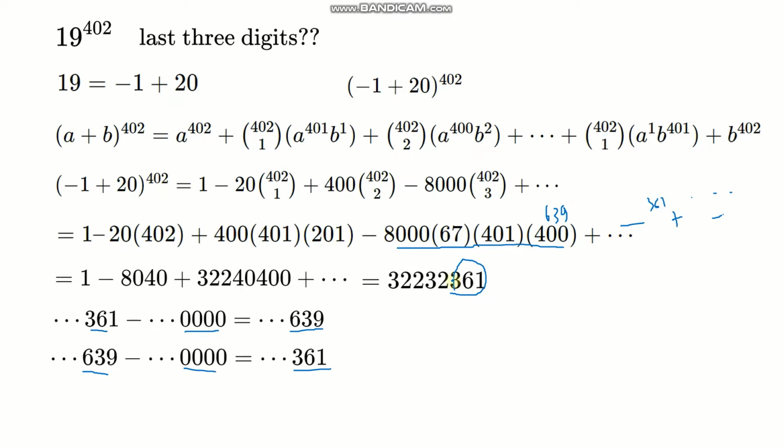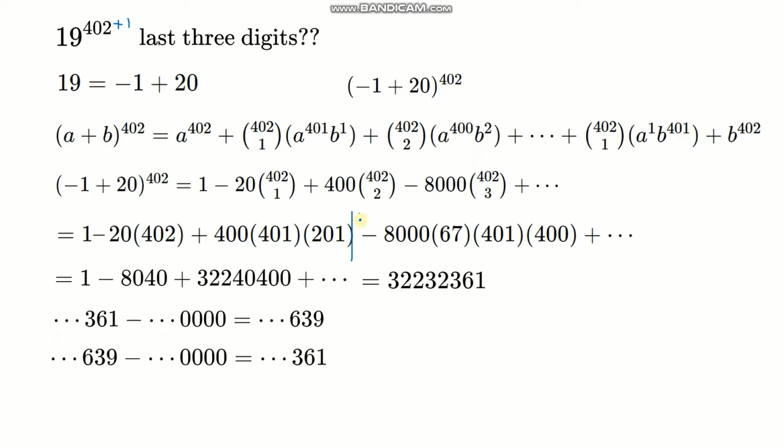We notice that every 4 terms we return to 361 ending digits. Now all we need to know is how many terms come after the third term. In binomial expansion, we always add 1 to the exponent to find the total number of terms. So 402 plus 1, we have 403 terms.